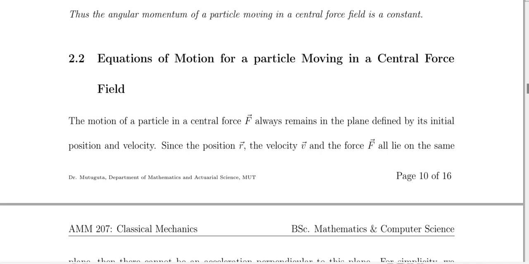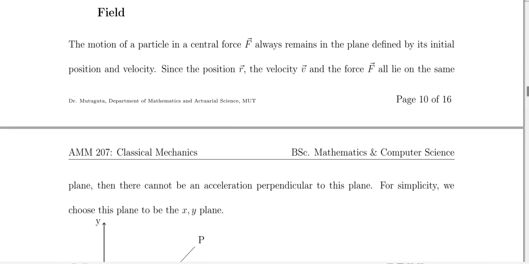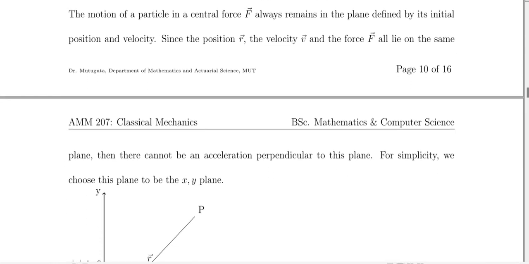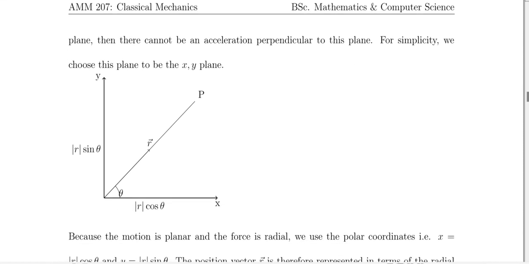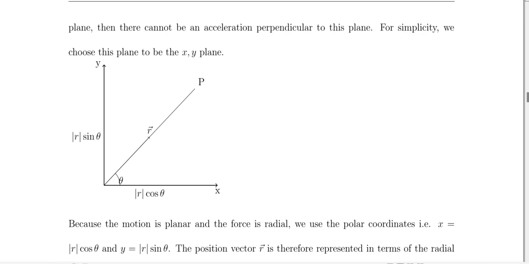The motion of a particle moving in a central force will always remain in the plane defined by its initial position and velocity vector, as we have seen in example 1 in the previous section. Because the position vector R, the velocity V, and the force field all lie in the same plane, there cannot be an acceleration perpendicular to this plane. For simplicity, we shall choose this plane to be the xy plane.